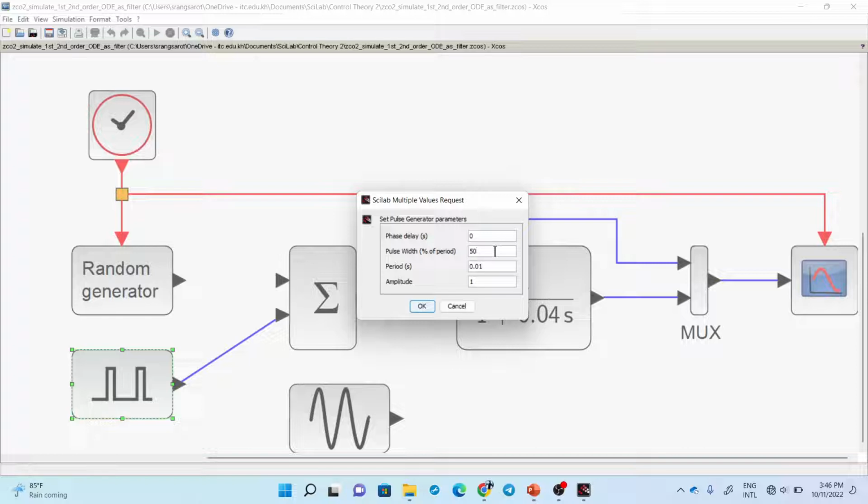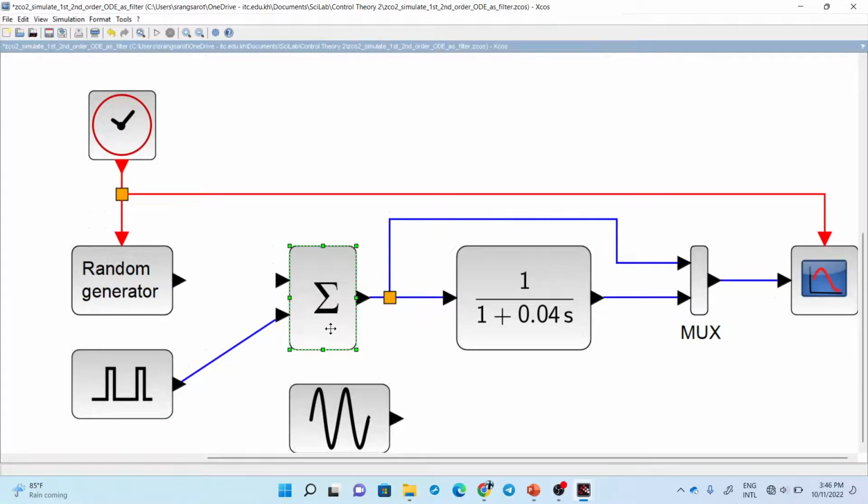And the duty cycle percentage is 50. And now we don't need to consider any phase delay. Then this block, I use it because next time I will add noise to this, but now there's no noise.